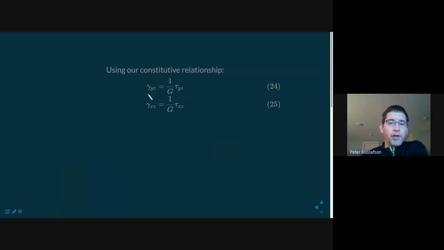It's our constitutive relationship. By linear elastic definition, this is for a linear elastic isotropic material, we have a parameter G called the shear modulus. As you recall, it's related to the Young's modulus and the Poisson's ratio, but we're going to use the shear modulus here because it's much more convenient. So the shear strain is equal to 1 over G times the shear stress.